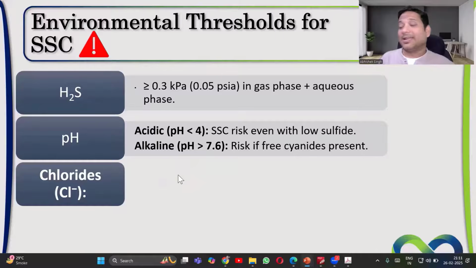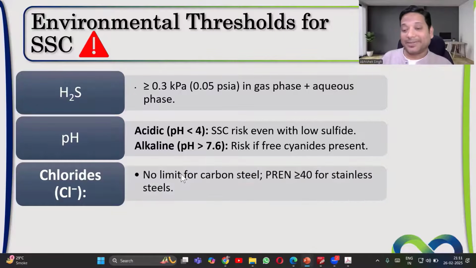Chlorides, normally in a refinery, are very, very low, but still may be present. When we are talking about chlorides, stainless steel and duplex become of less use because stainless steel will not show good properties with chloride if we have high ppm.